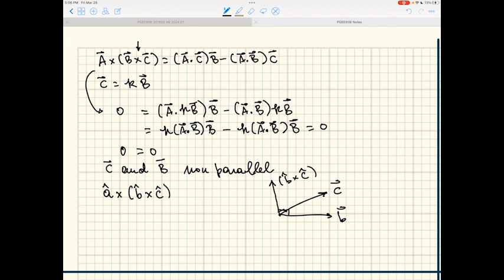So if we have A cross B cross C, this versor is going to be in the plane formed by B and C. So that's what we have.